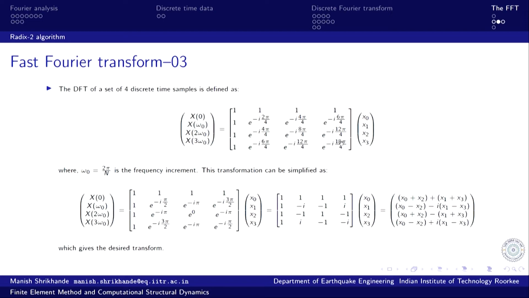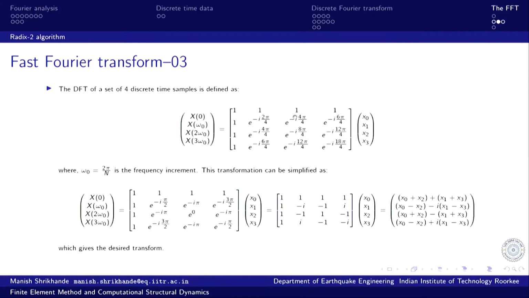Now, 18 pi by 4 is of course greater than 2 pi, and these complex exponentials are periodic with 2 pi. So, I can wrap all these complex exponentials, I can just consider modulo 2 pi, and that expression now leads to this expression here.